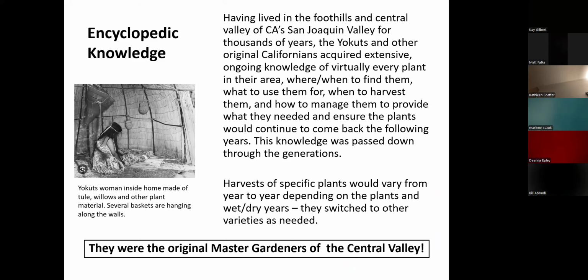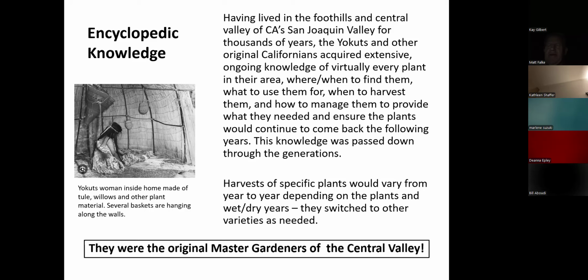Having lived here for thousands of years, the Yokuts and the other indigenous people acquired an extensive, ongoing knowledge of virtually every plant in their area, where they were, how to use them, and how to manage them to get what they needed. And this knowledge was passed down through the generations.